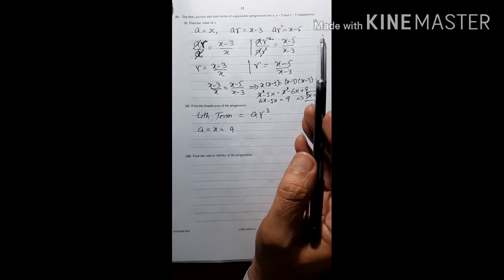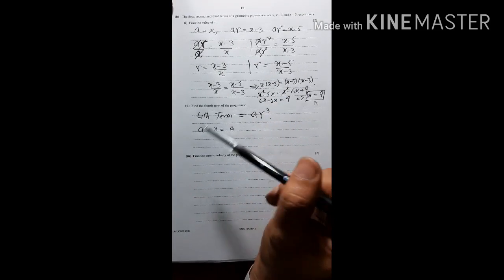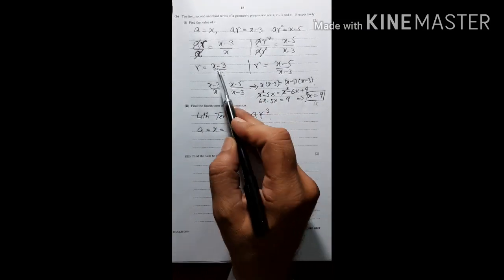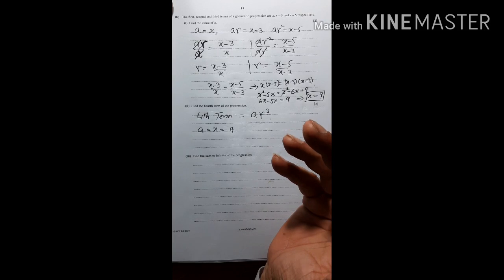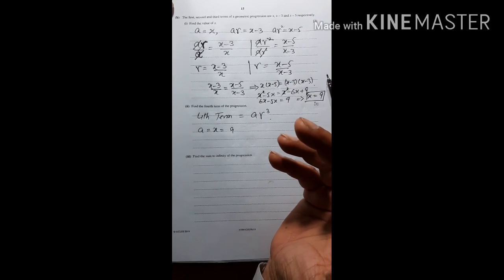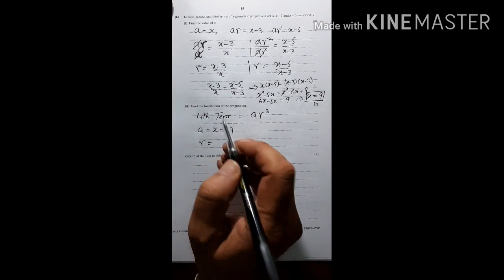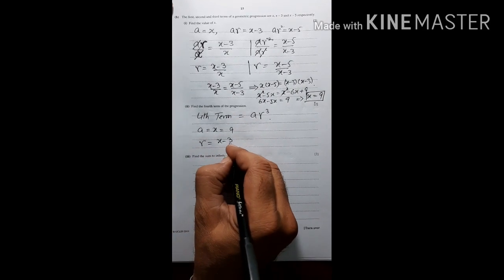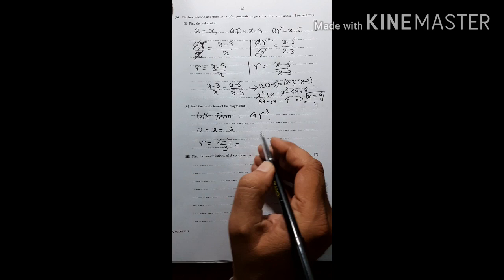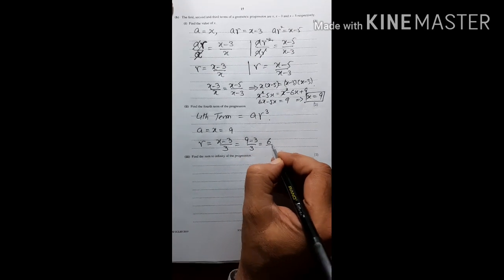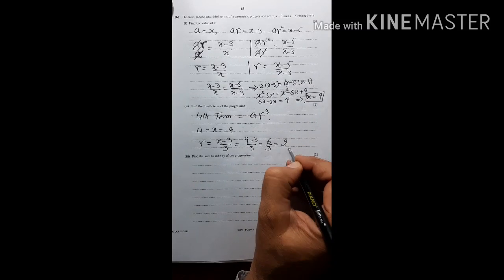So what is r? I can use any one of these. r is x minus 3 over x. So put the value of x here, 9 minus 3 over 9.